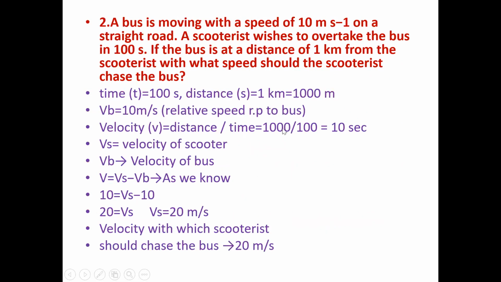The next one. A bus is moving with the speed of 10 meters second inverse on a straight road. A scooterist wishes to overtake the bus in 100 seconds. This is also the same kind of question. So here, there is a bus which is moving at 10 meters second inverse.